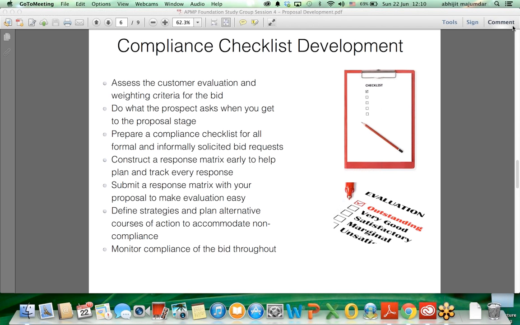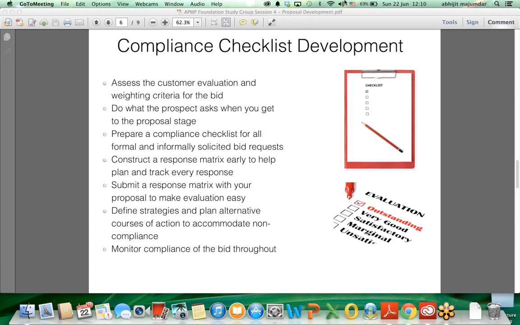So in a bid opportunity where there has been a large number of responses, proposal responses or bid submissions, the first thing the administrative evaluators do is reject the bid which is not compliant. So it is very imperative and very important, as a bid manager, to monitor the compliance of the bid throughout the entire proposal.